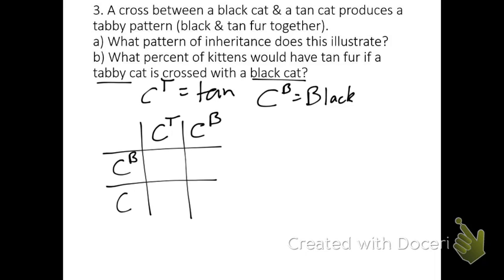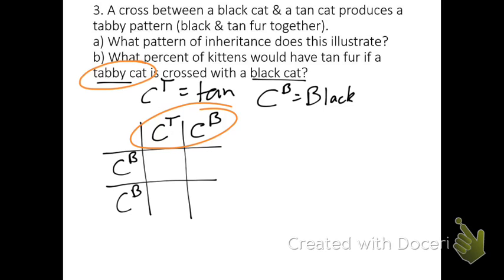Okay. So I don't know if you've noticed, but I typically will put this organism first. So whatever, if I see this one first, tabby cat, I'll put that up in the top. That's just how I do it. As long as you're consistent, it'll help you with your setup. So that's just how I've been doing these for years.